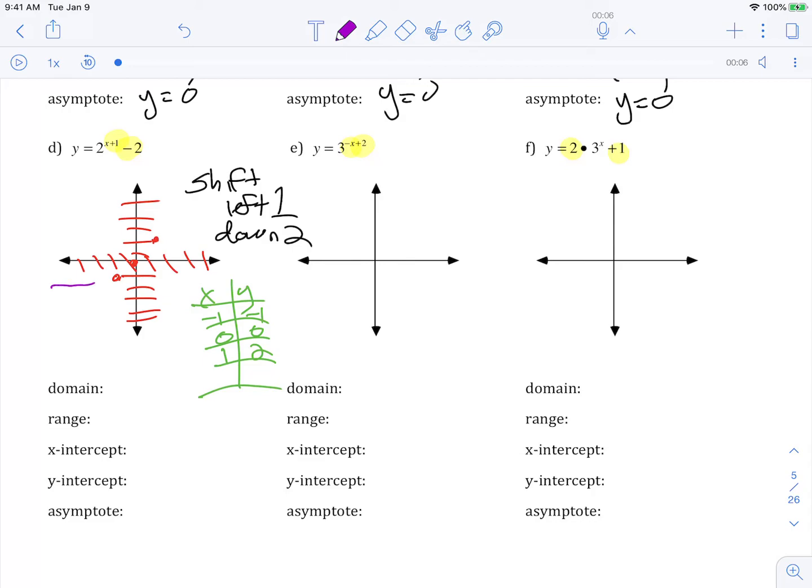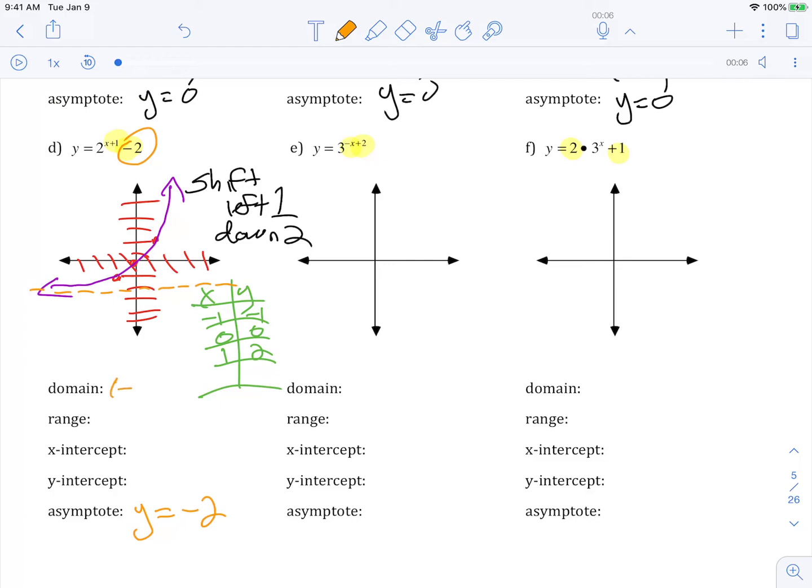But this minus 2 plays a huge role here. This minus 2 is your shift down 2, and that tells us that our asymptote has also been shifted down 2. So my asymptote is y equals negative 2.